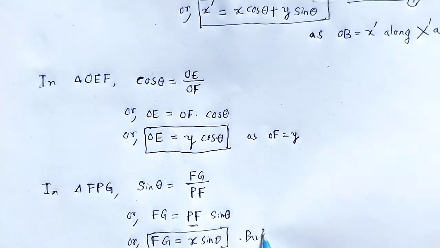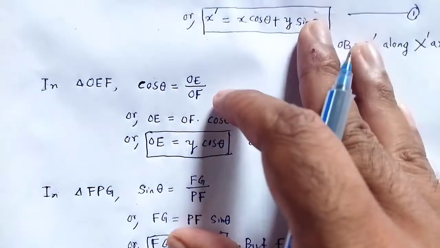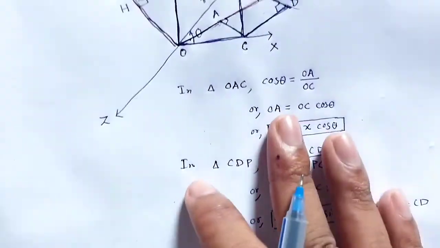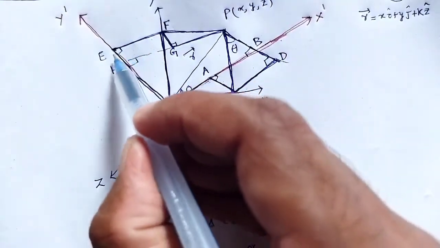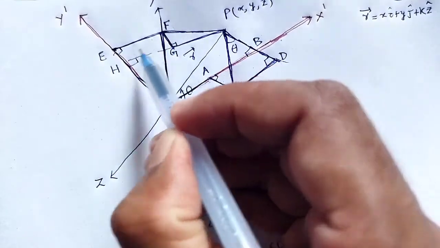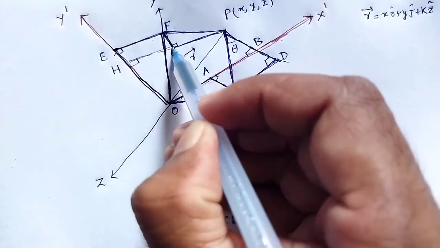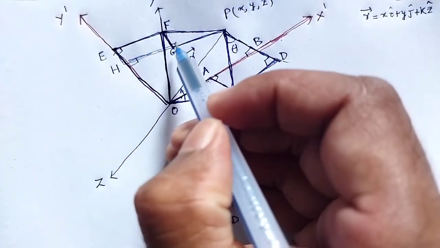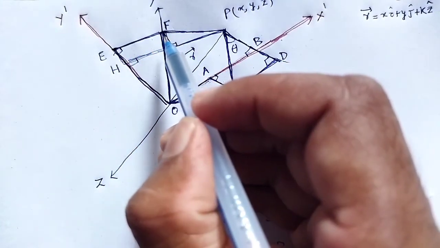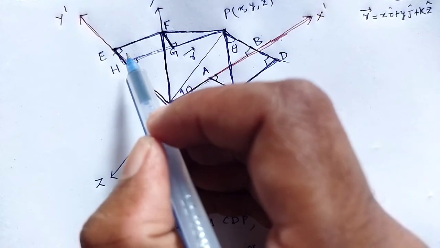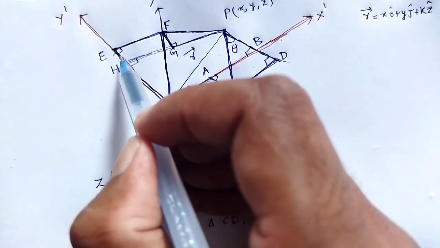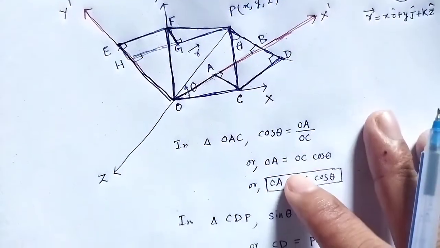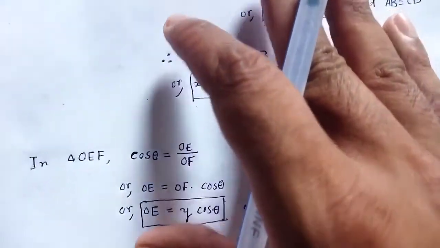But FG is equal to EH, see the figure. Since EFGH is a rectangle, the opposite sides of a rectangle are equal. That's why FG is equal to EH.